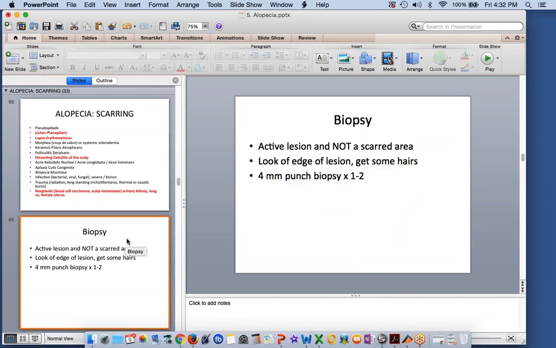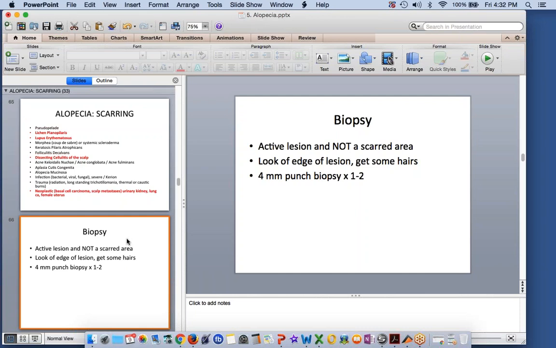The most important thing when you're dealing with a scarred type of alopecia where you cannot see the hair follicles, you cannot see hairs coming out of the hair follicles, is you absolutely have to do a punch biopsy, okay? And sometimes you may need to do 2 or 3.